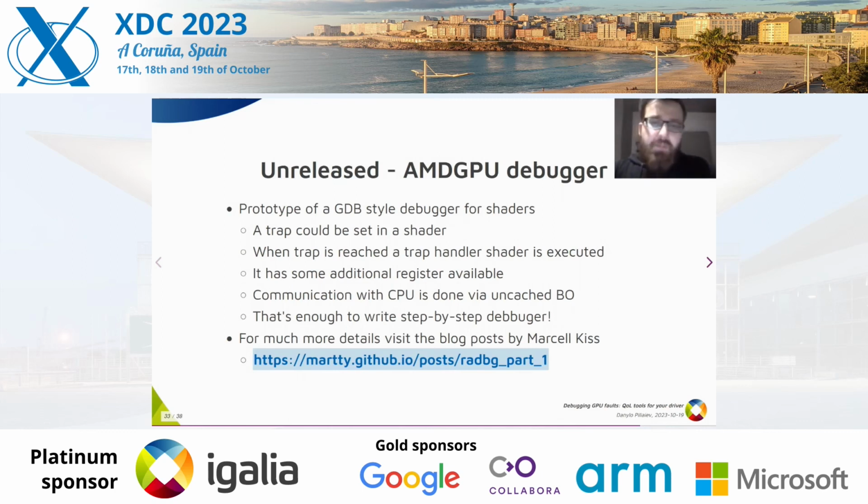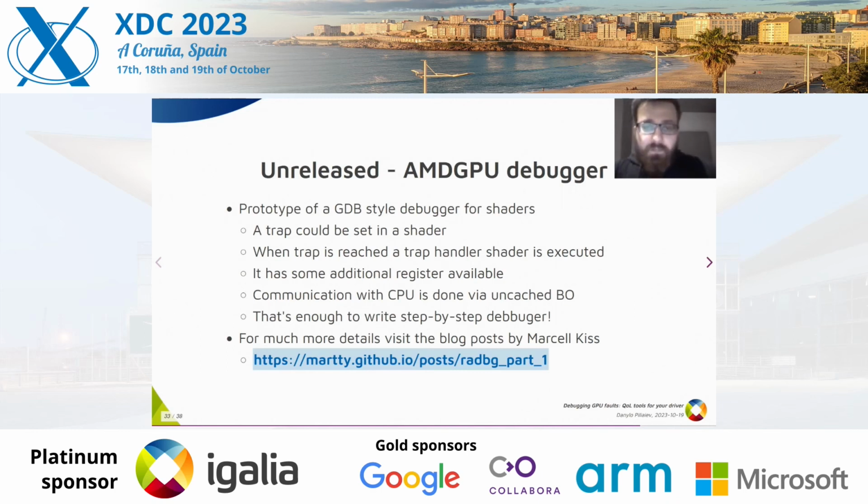A trap could be manually set in a shader or by other means. When it is reached, a special trap handler shader is executed. This shader has additional registers available to it, and it has higher privileges than the ordinary shader. Then the communication with the CPU side of the debugger is done via uncached BIOS.